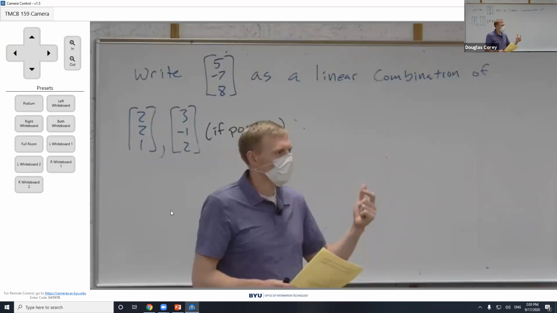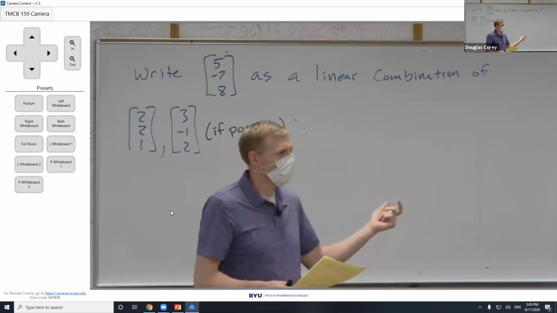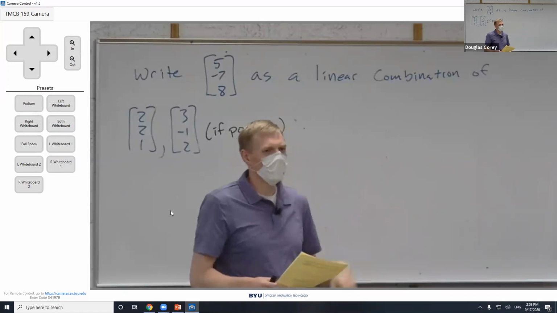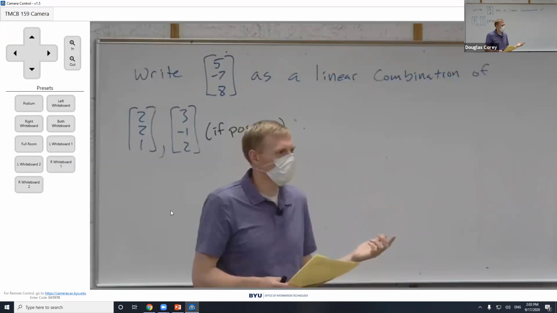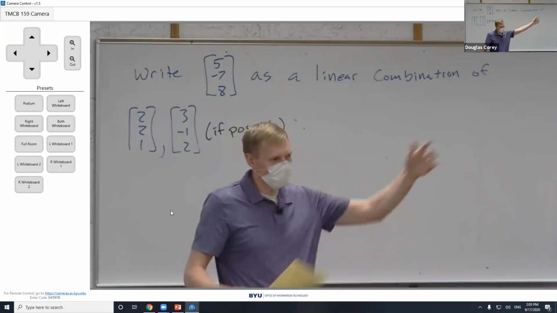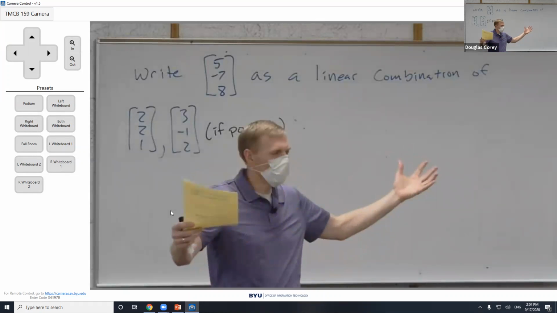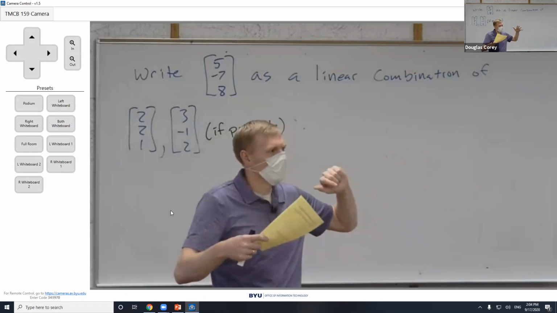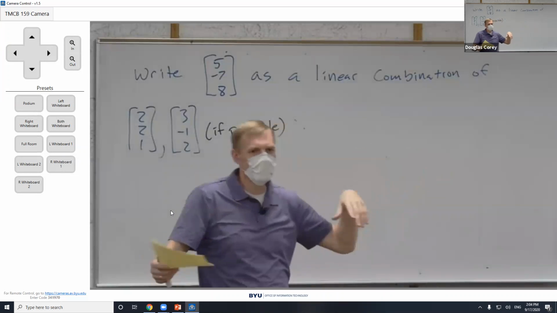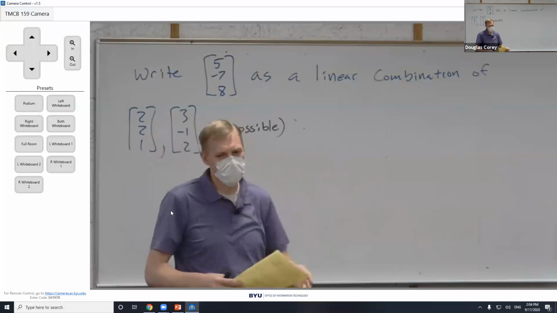And so the spans are always infinite because you can take things that are arbitrarily large. Unless you're dealing with zero vectors and then you just have a point. But as soon as you have a vector that isn't a zero vector, then the span could be a line that goes on forever, or a plane that goes on forever, or a 3-dimensional space, or a hyperplane, like a 3-dimensional space in 4 or higher dimensions. But we usually just stick to 3 dimensions in this class because it's hard to visualize 4 dimensions.